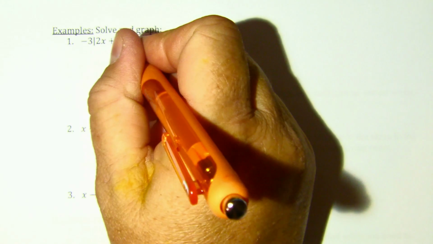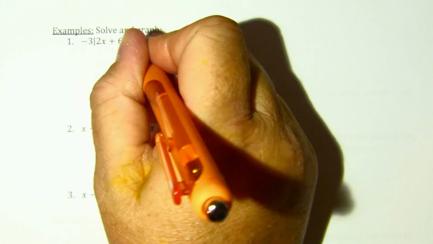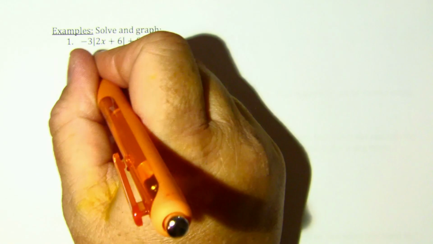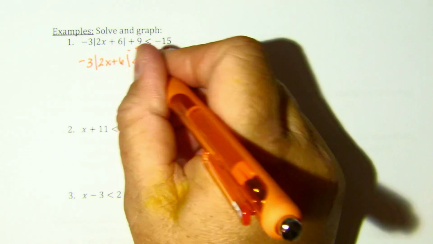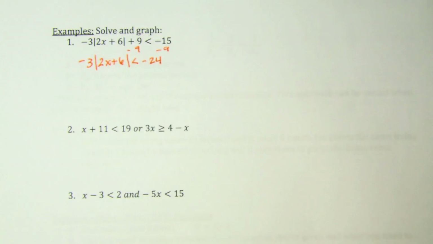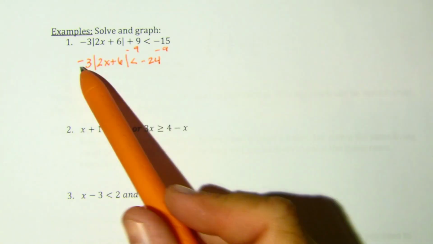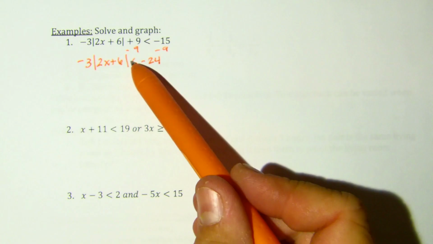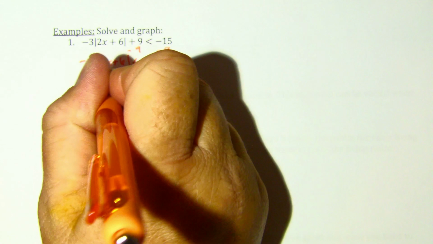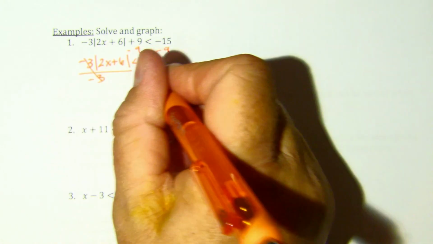So I have -9 and -9 here, -3 and absolute value 2x plus 6 is less than -24. And one thing you want to remember here is whenever we're working with inequalities, if we divide both sides by a negative or multiply both sides by a negative, you flip the direction of the inequality. So here I'm going to divide by -3 to get rid of that.